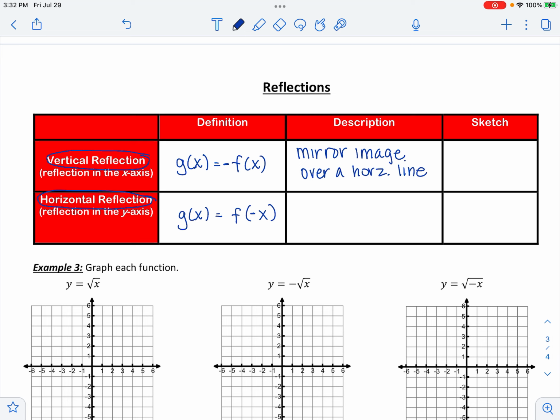Now you might be saying, wait, vertical, how can it be a mirror over a horizontal line? So here's a horizontal line. If I want to take a vertical reflection of this, it would go over the horizontal line. See that? All right, now for a horizontal reflection, it's a mirror image over a vertical line.